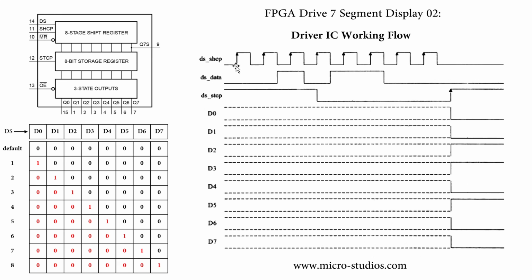It means at the very beginning we use 1, 2, 3, 4, 5, 6, 7, 8. We use 8 clocks of the shift clock to put the DS data inside the shift register first, as a FIFO.